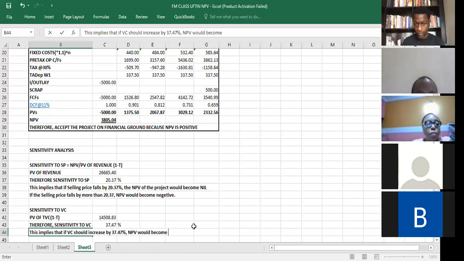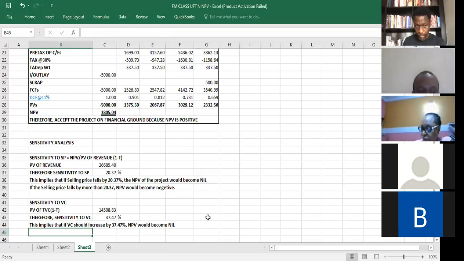And in essence, if we continue on that thought, if our variable cost increases by more than 37.47%, NPV will become negative.